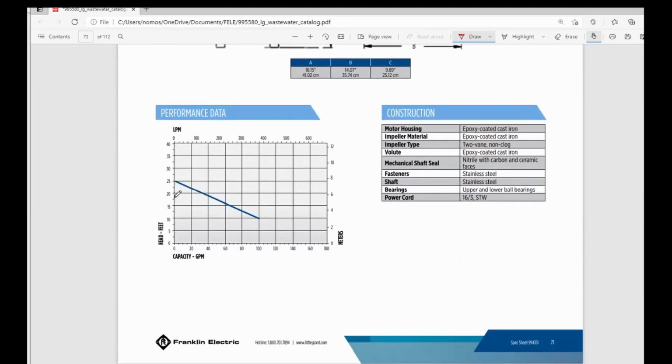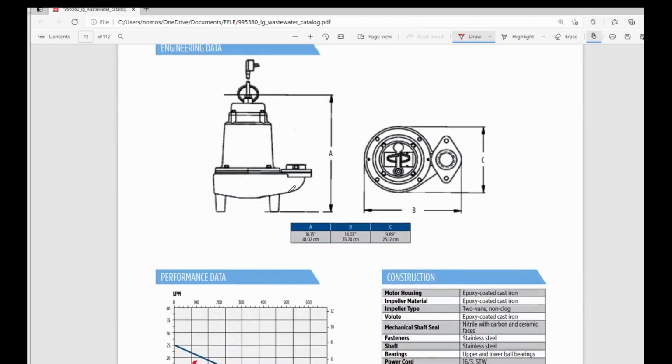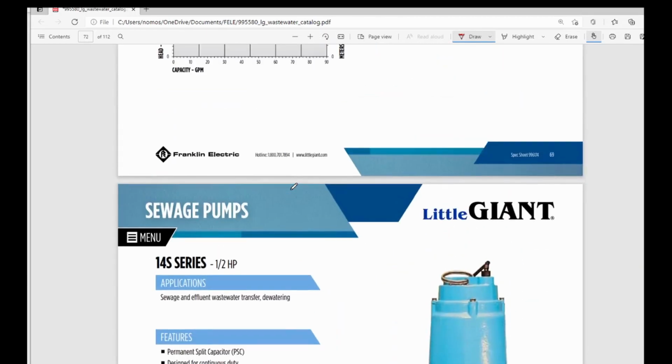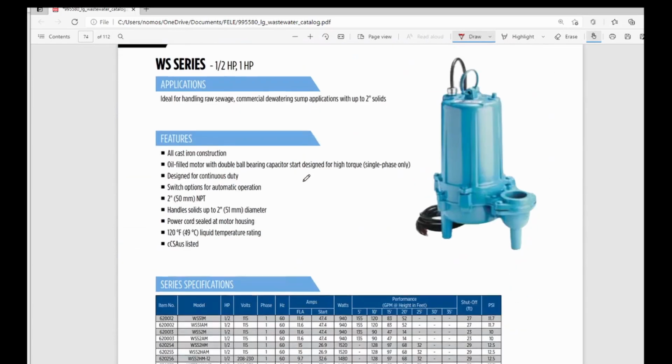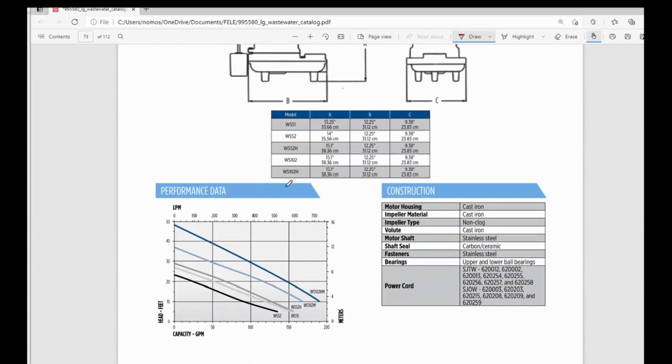I've got 17 feet, 21 gallons a minute. You know, looking at this curve, it's just barely within the curve. And since it's a scouring velocity, since I'm pumping solids, I'm probably going to want to be a little bit above it if I can be.